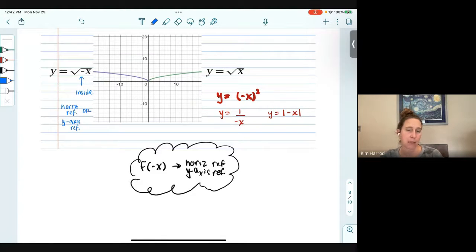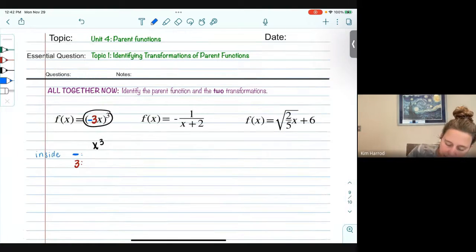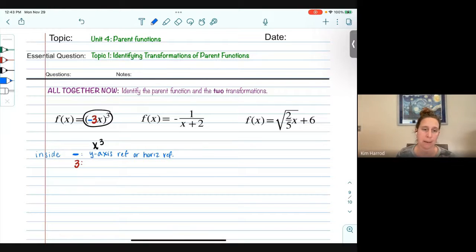The negative is inside the parentheses. So that will come out as a horizontal reflection or a y-axis reflection. You can write it either way, as a y-axis reflection or a horizontal reflection.